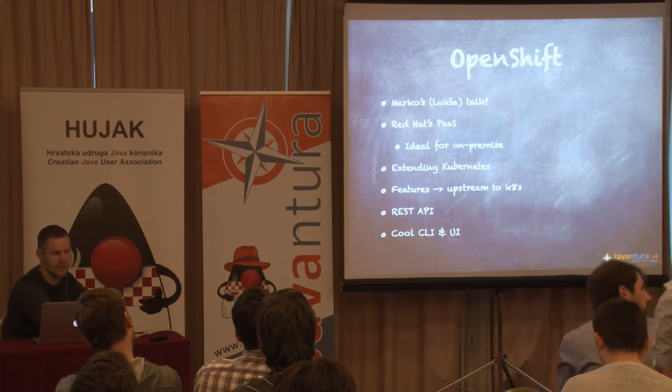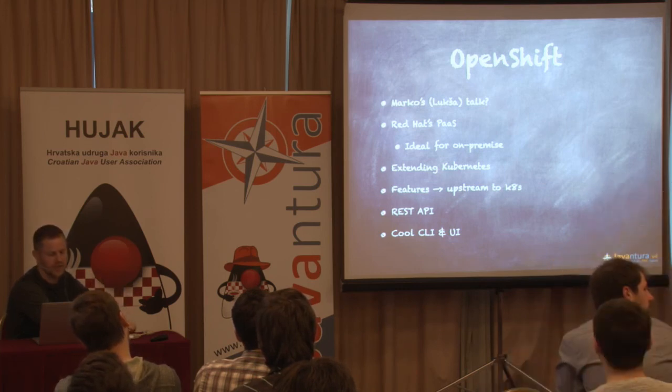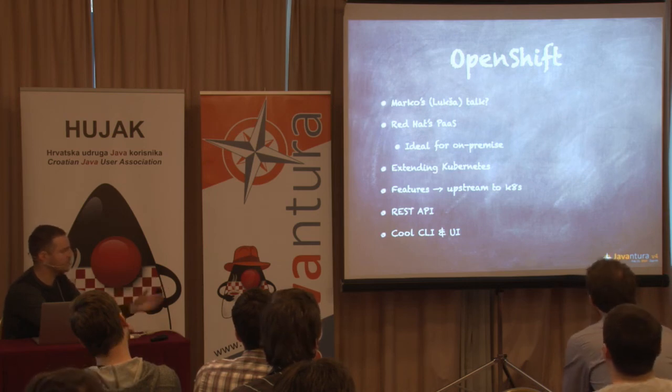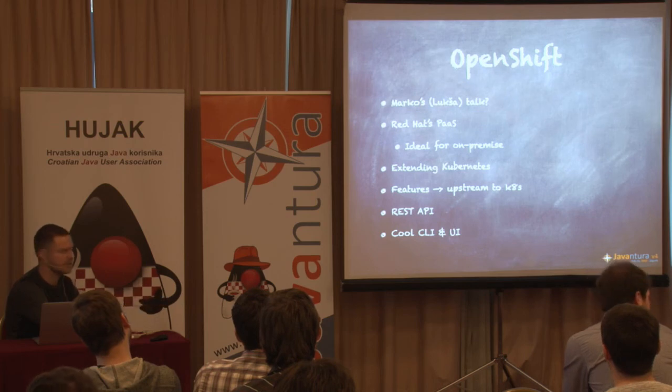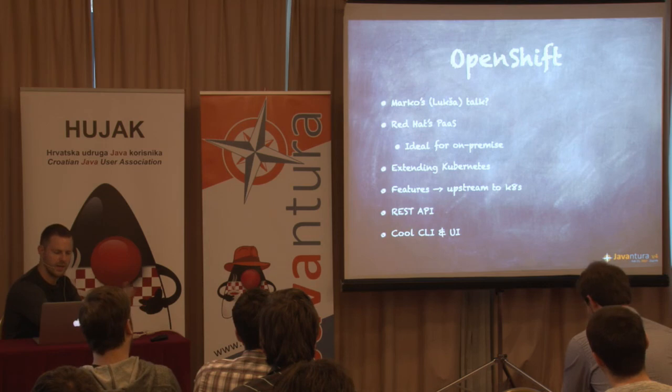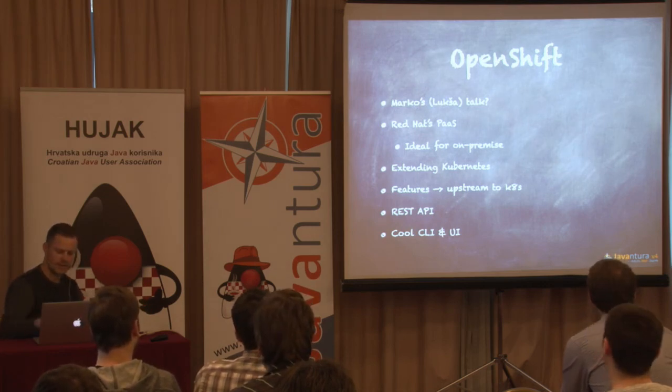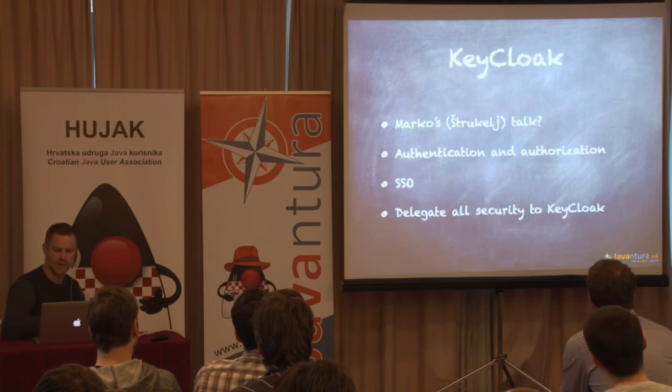The features that we find in OpenShift, if they make sense to be generic, we do upstream them in Kubernetes as well. As Marco mentioned, it has a nice REST API, and around that REST API is a cool command line interface and a cool user interface.